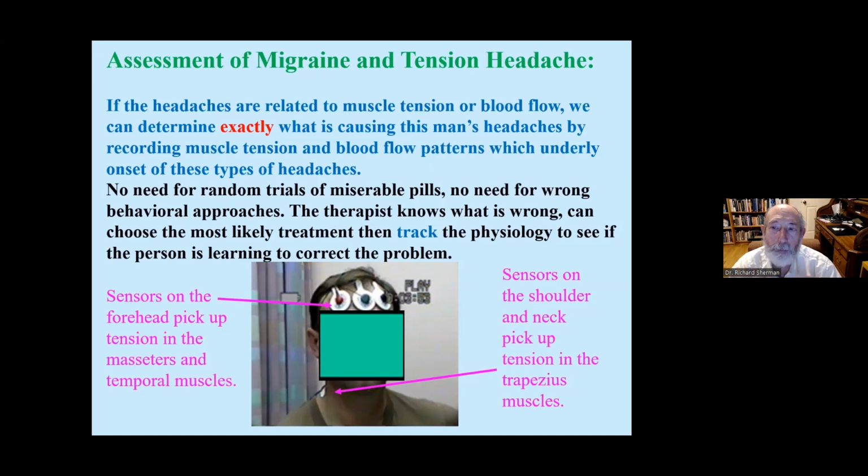This lets people know that they're tensing up. So if they're tensing up because of a stress response, because something's going on at work or whatever, they know that, and they can be treated with typical psychological interventions to reduce their reaction to the stress.